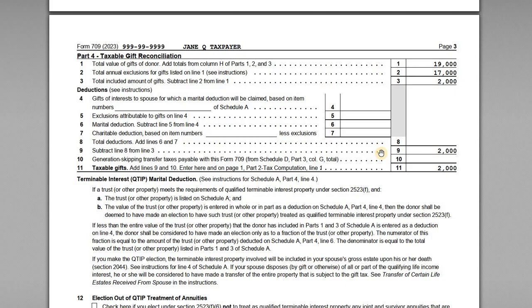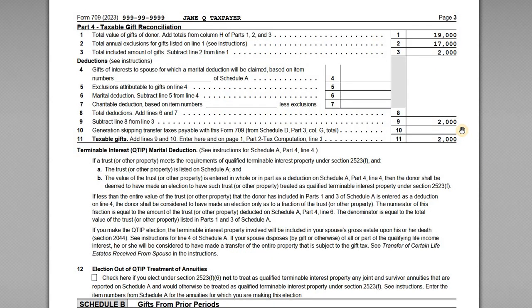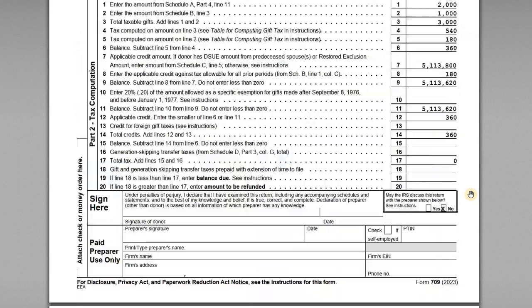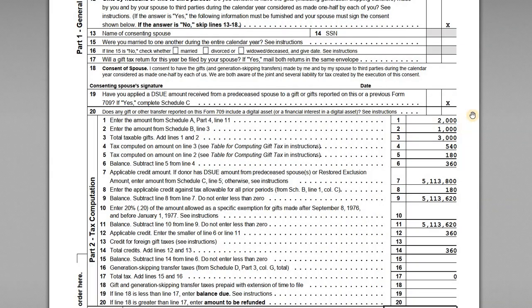So you have to report it even though it's not going to be actually subject to any kind of gift tax. We don't have any GST on line 10, so the taxable gifts is simply $2,000, and that's reported back up here on page 1, line 1.